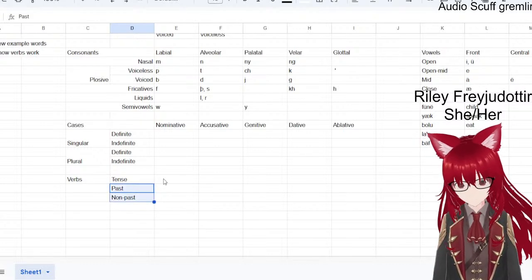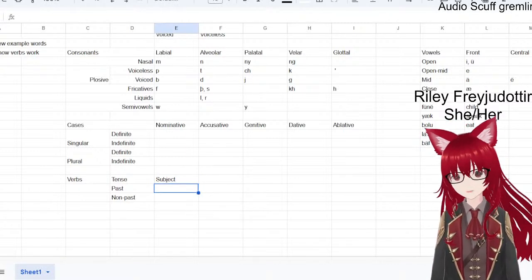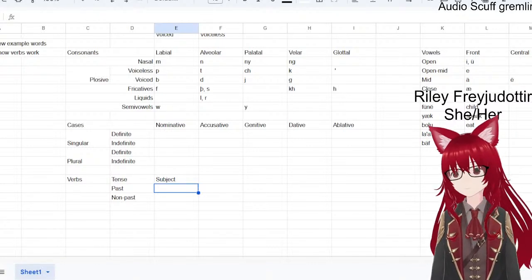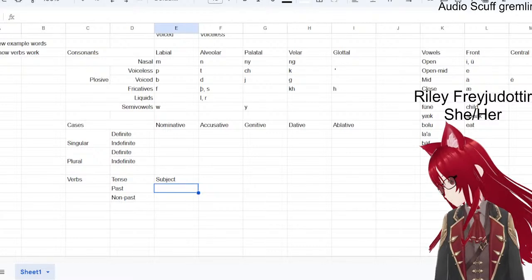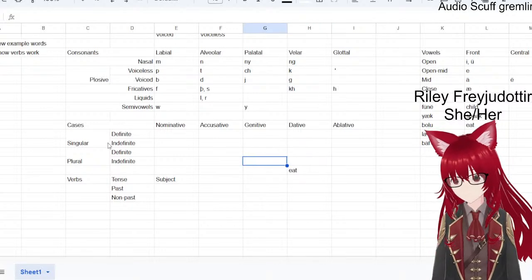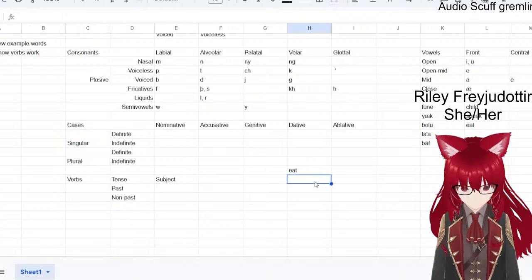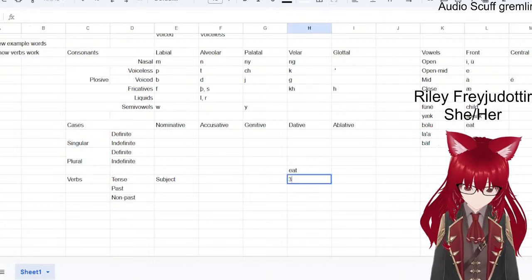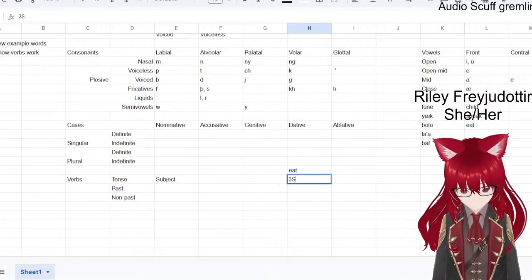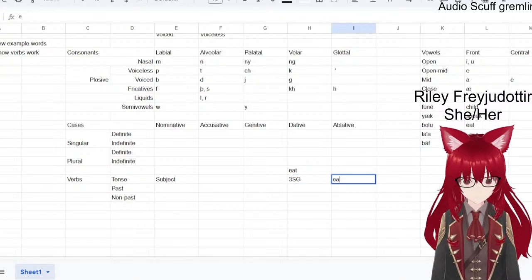English verbs also have subject marking, but their subject marking is very, very simple. So, for instance, eat. If it's in the third person singular form, so if you see 3SG, that means third person singular, you have eats.